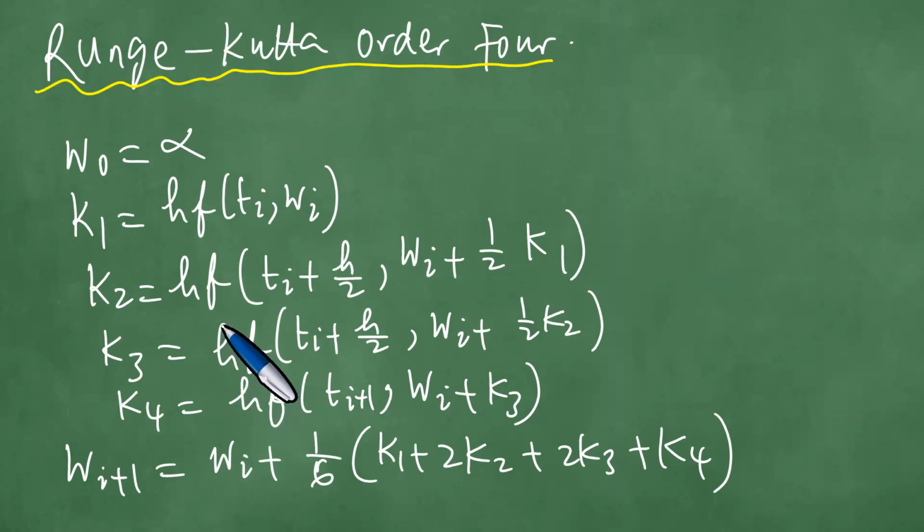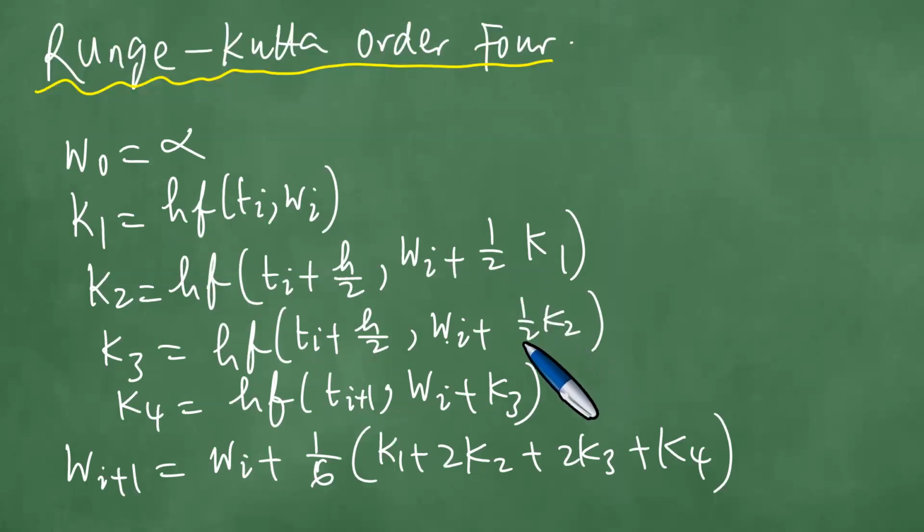What do we have here? You can see that this is Ti, then it's Ti plus h over 2. That is Ti plus h over 2. Then the fourth one is Ti plus 1. And then this one here is Wi plus half K1. So in the second component, you have half K1.